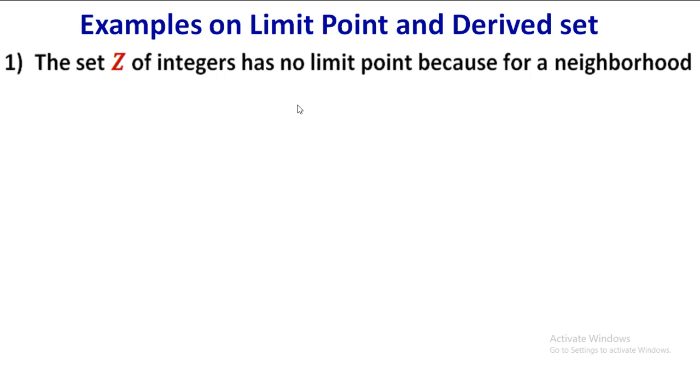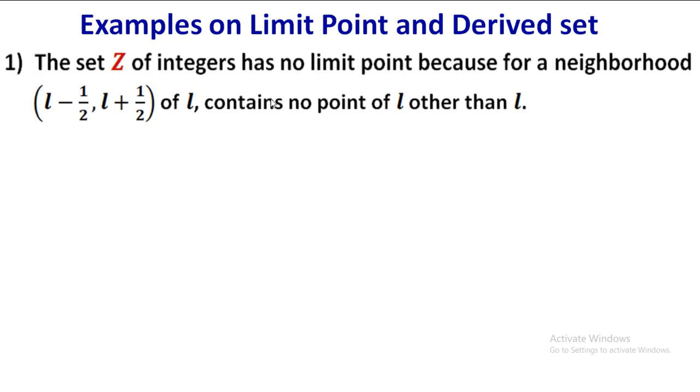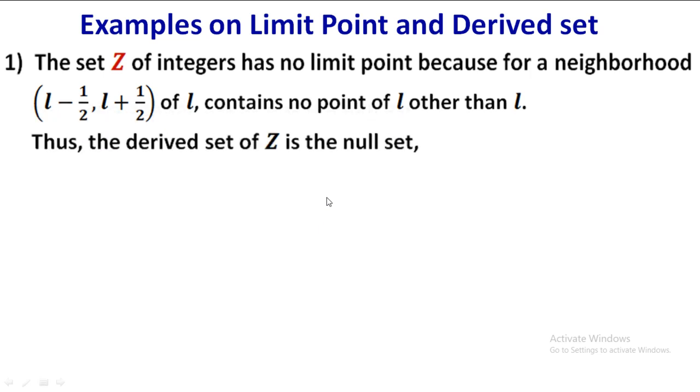Because the neighborhood L minus 1 by 2 comma L plus 1 by 2 of L contains no point of Z other than L, because the set of integers does not contain the fractional numbers, so the set of integers has no limit point. If the set of integers has no limit points, then the derived set will be empty. Thus, the derived set of Z is the null set, that is Z dash is equal to phi.